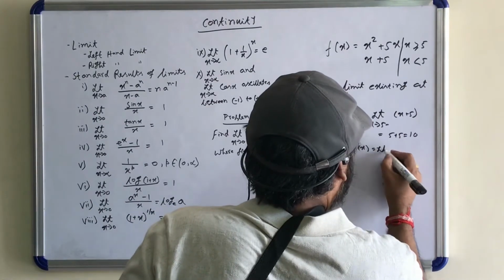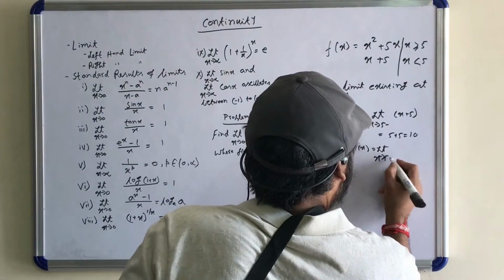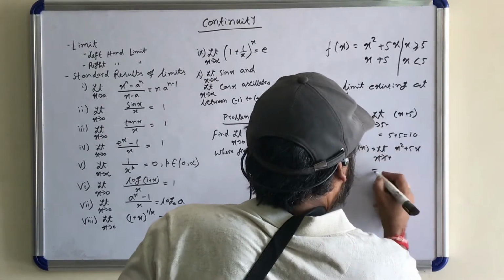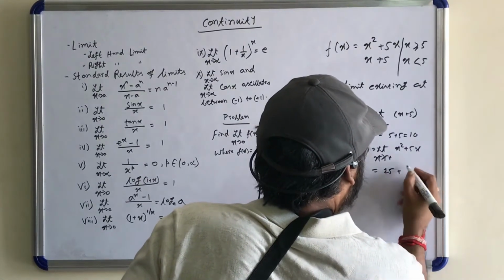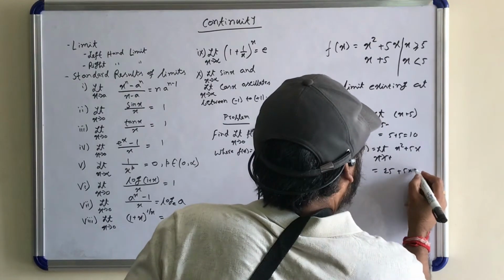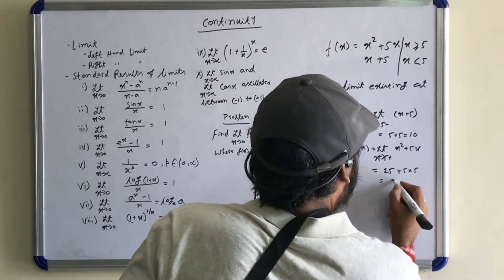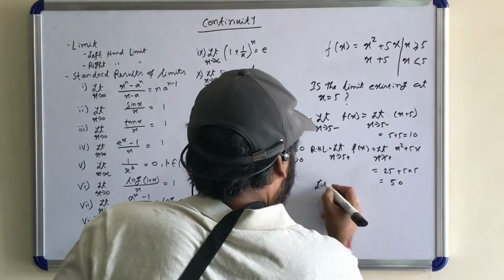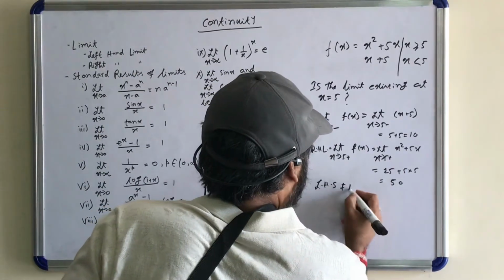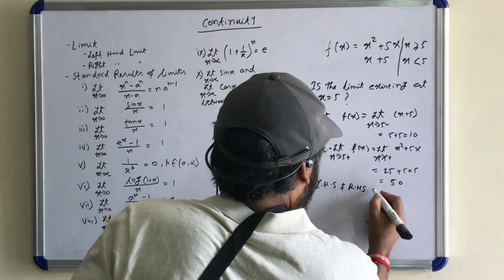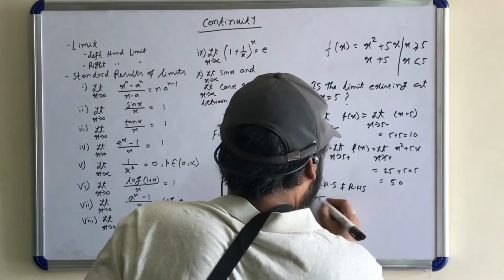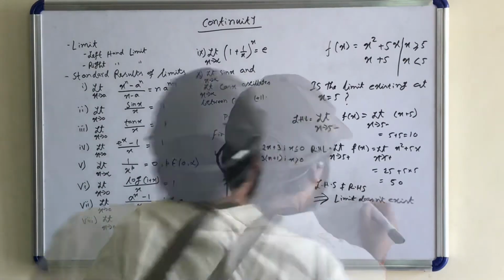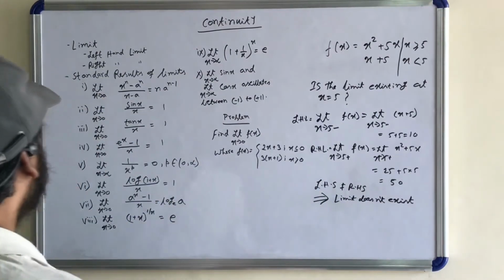So limit x tends to 5 plus of x square plus 5x equals 25 plus 5 into 5, which equals 50. It means LHL is not equal to RHL, which implies the limit doesn't exist. I think up to this it is clear.